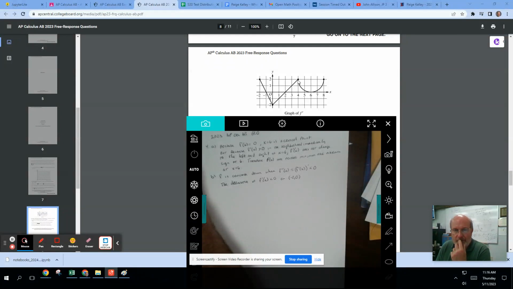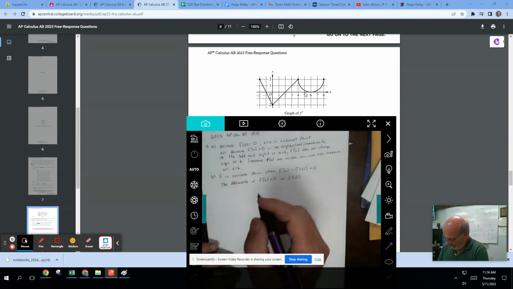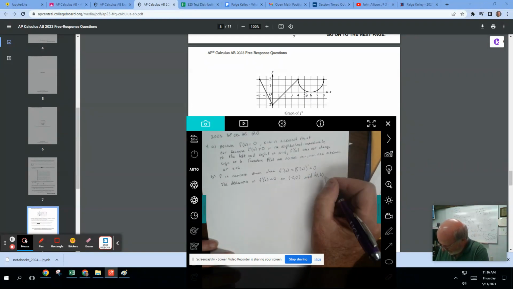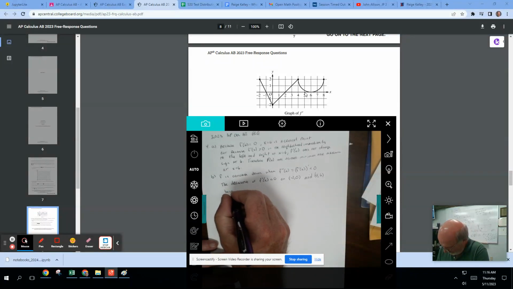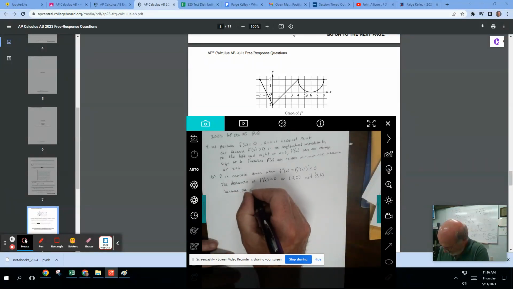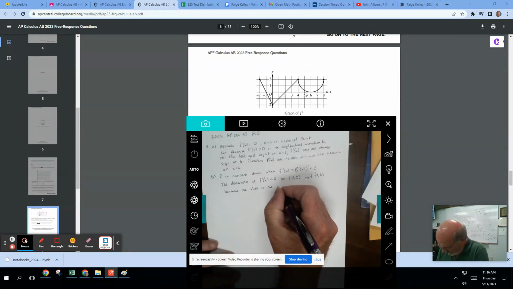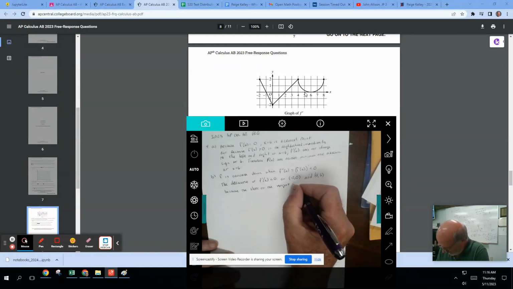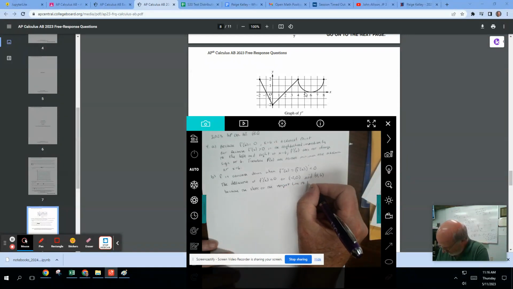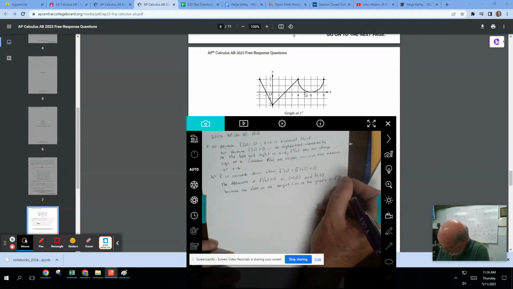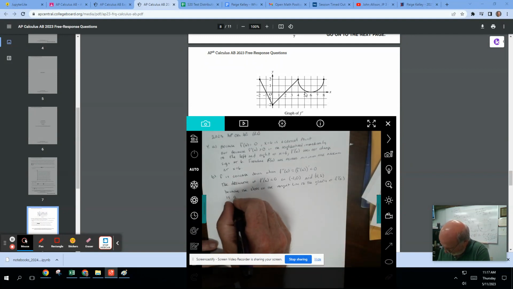Then the slope of the tangent line is going to be negative again from 4 to 6, because slope of the tangent line of the graph of f prime is negative on these intervals.